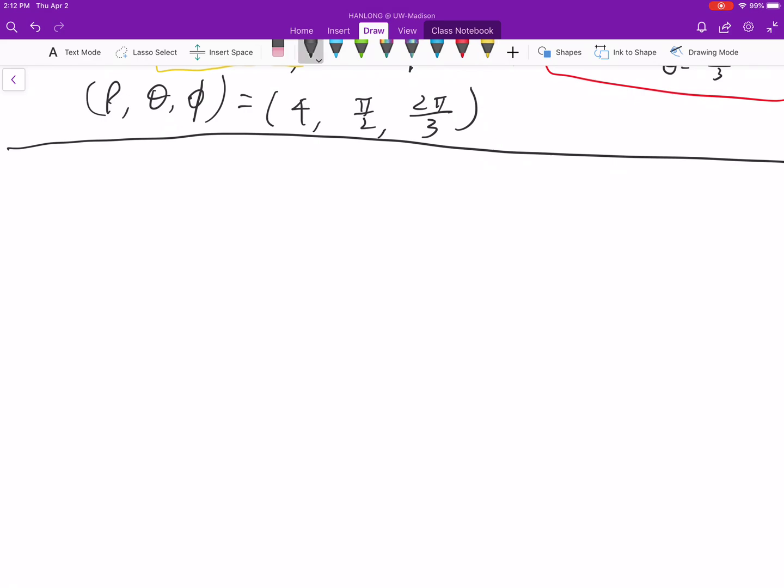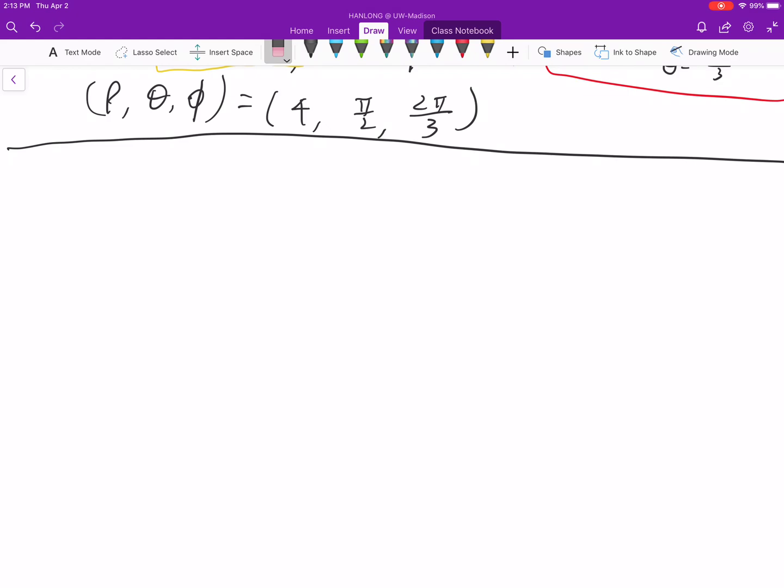Okay, next we will apply the spherical coordinates to calculate triple integrals. So first, as what we did in polar coordinates and cylindrical coordinates, you need to figure out the transformation law, and the key point is the factor, the Jacobian factor.